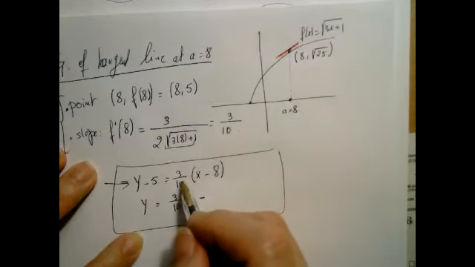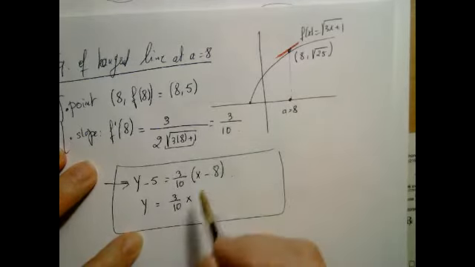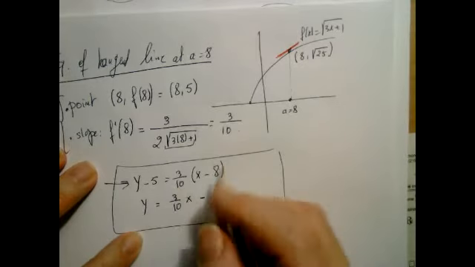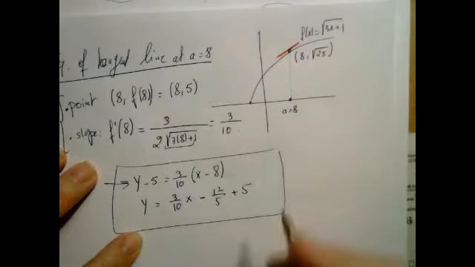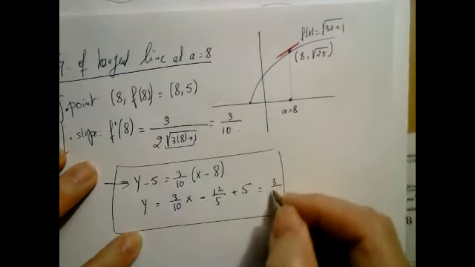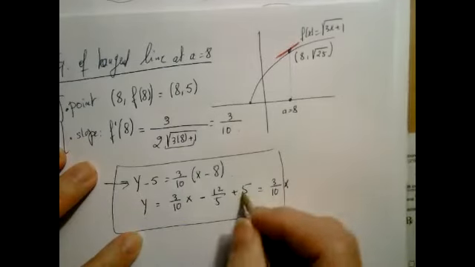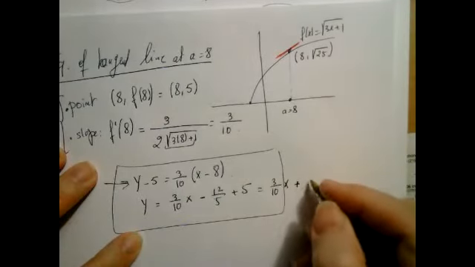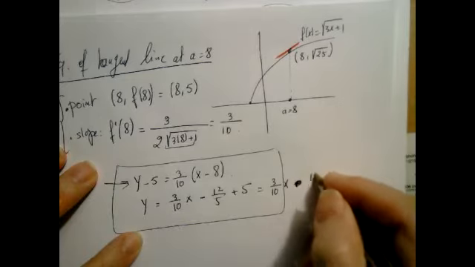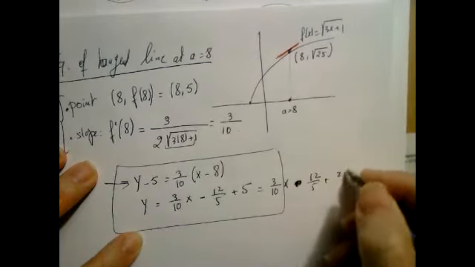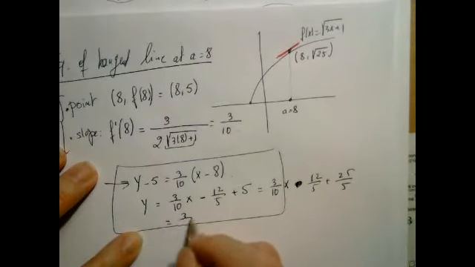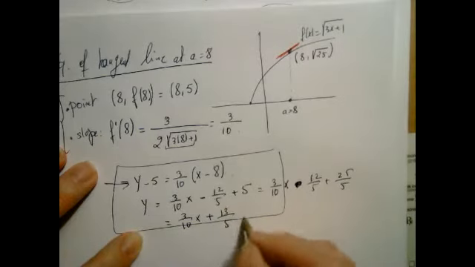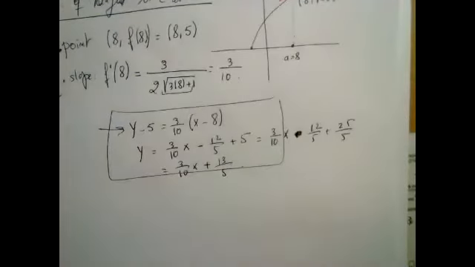So this would give me 8, that's a 4, and that's a 5, 12 over 5, plus 5, I think, unless I'm making a mistake here, minus 12 over 5, with a common denominator, plus 25 over 5. So I end up with 3 over 10 x plus 13 over 5. And that's the end of the problem.